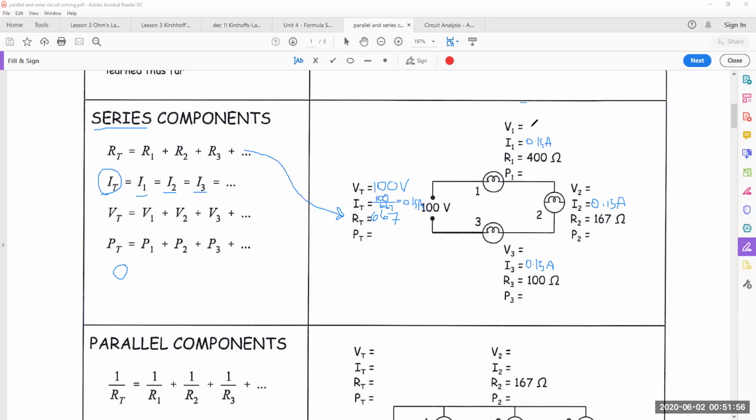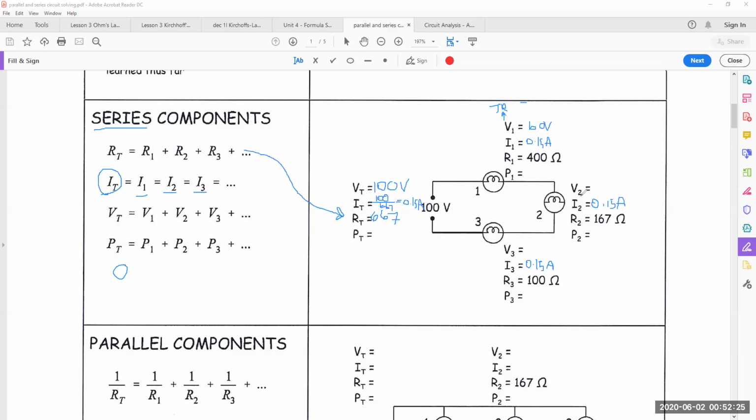And I'm going to use Ohm's law and the power formula to calculate the rest. So here, V1 is going to be 60 volts. How? V is going to be equal to I R. That means 400 multiplied by 0.15, you get 60 volts.